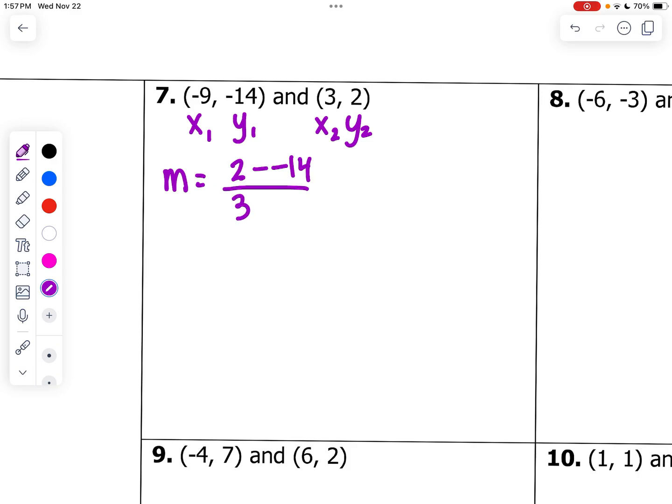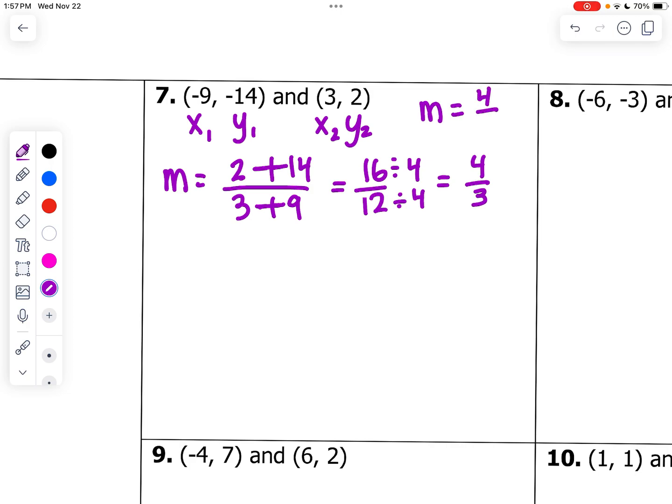Over x2, which is 3, minus x1, negative 9. So add here, 16 over 12 divided by 4. Both of these can be simplified by 4. So it's 4/3. So my m is 4 over 3.